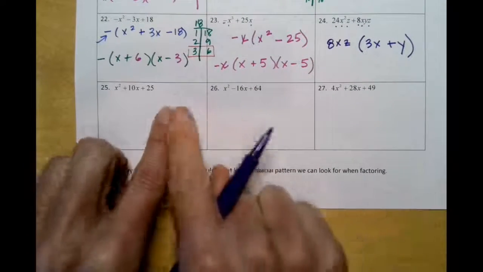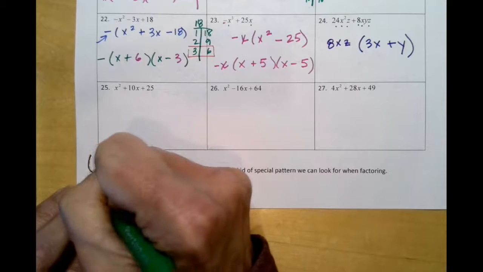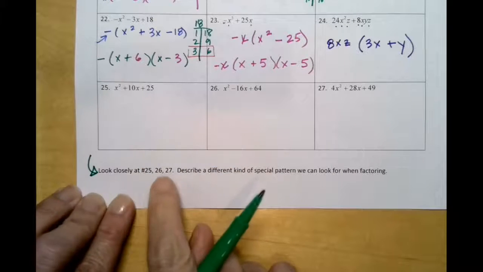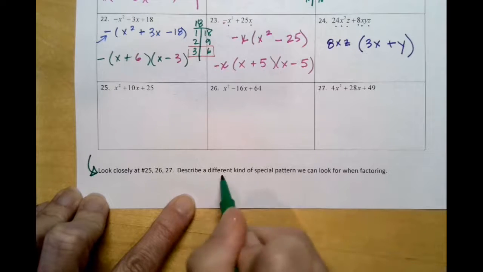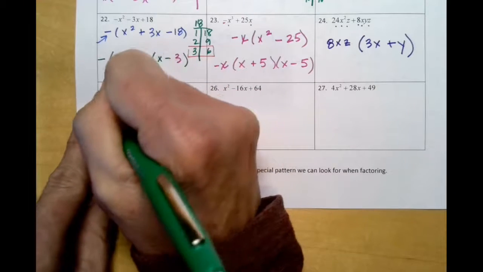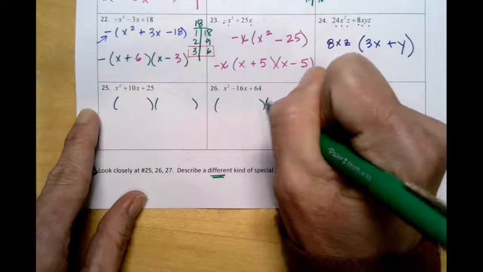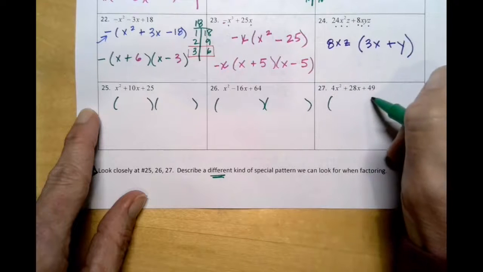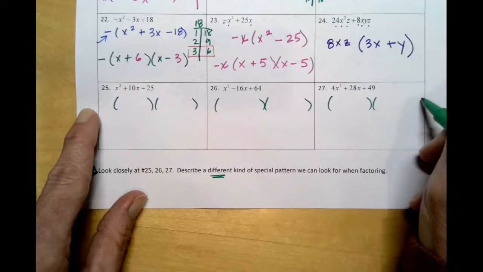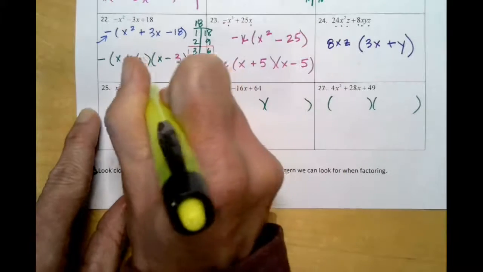All right, so we're going to move into this last part, and I know what's coming. I ask you here, look closely at 25, 26, 27, and describe the different kinds of special patterns when we're factoring. So here's what we're getting at. When I look at each of these values, I see a quadratic, and I see a trinomial, and I'm looking, and I see my best friends.